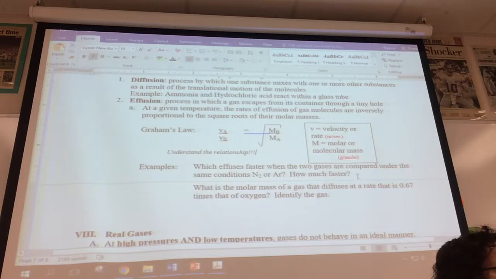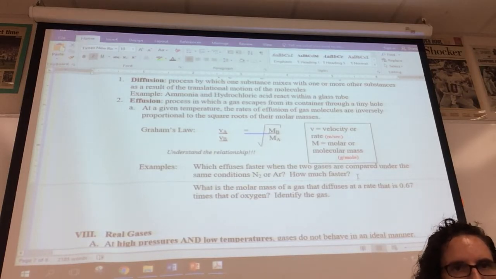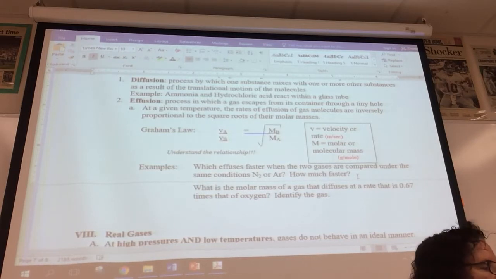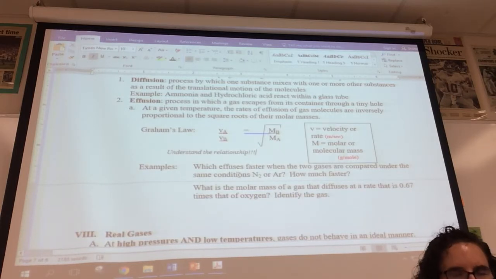Now, in regard to calculating here, I don't think you'll see much in the way of calculating, but do you understand the relationship? We'll walk through two problems. Which effuses faster when the two gases are compared under the same conditions, that is, same temperature and pressure? Which one effuses faster, nitrogen gas or argon?